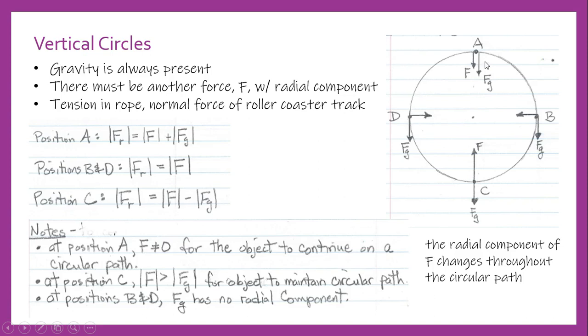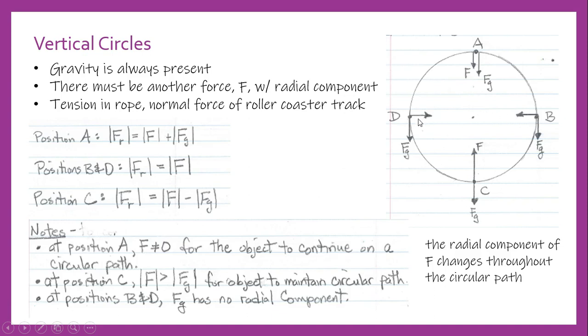So for instance, the radial force F is at a minimum at point A, and it's at a maximum at point C, because it needs to offset the force of gravity plus provide the centripetal force. Whereas at point A, both the gravity force and the force F contribute to the centripetal force.